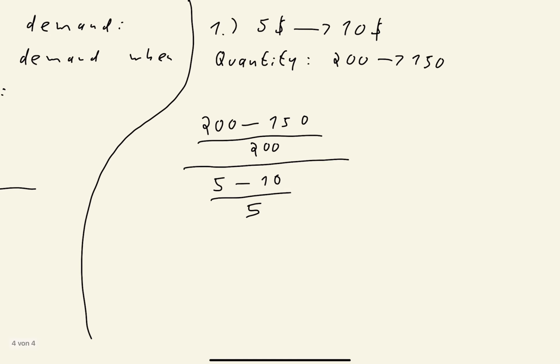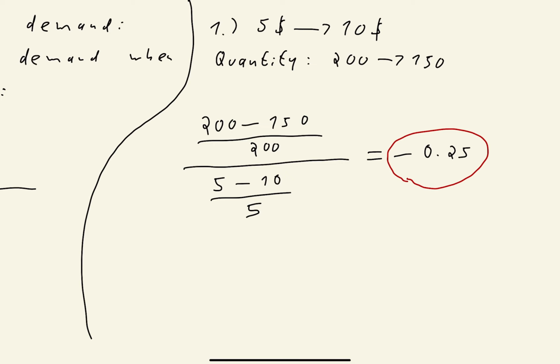And what we then have is minus 0.25. This is the price elasticity of demand when the price is increasing from $5 to $10.